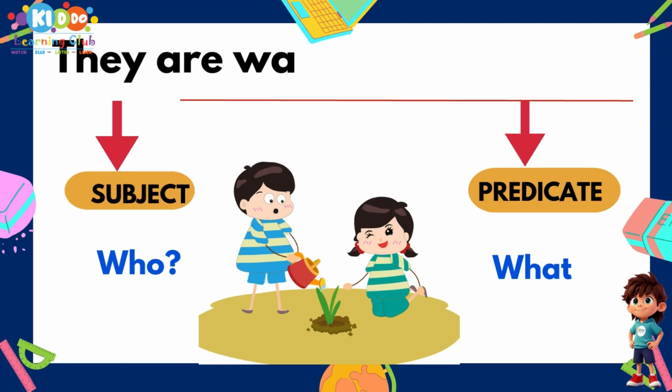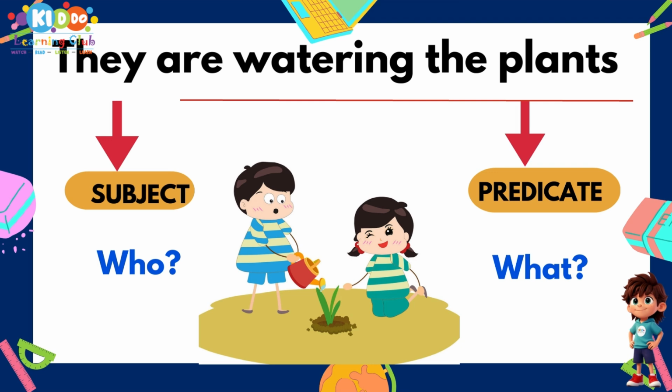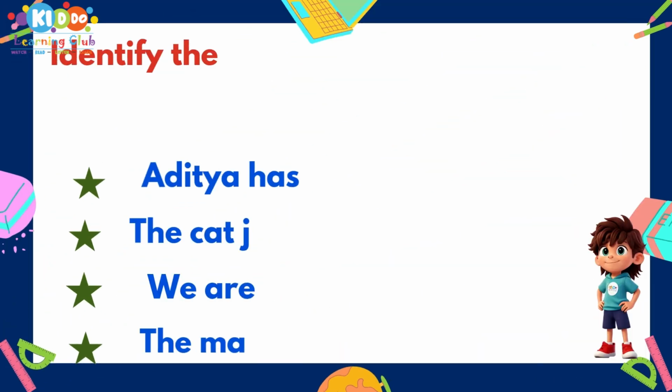So, they is the subject, whereas the rest of the sentence describes the action done by the subject and gives the information, so that is our predicate. So, if I ask what are the children doing, we get the answer, they are watering the plants.